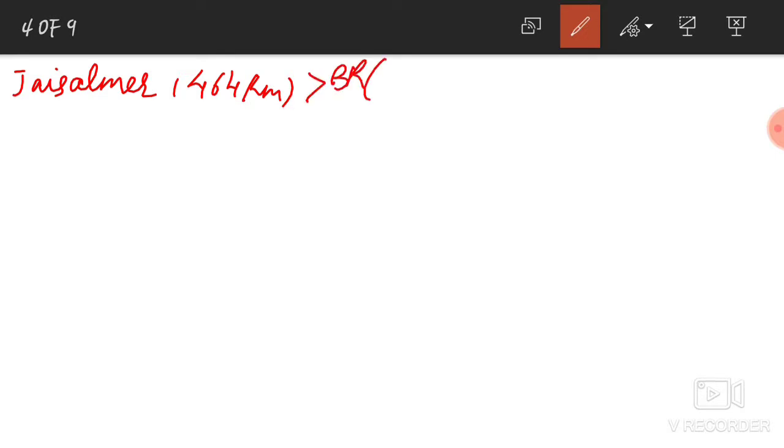So the districts in terms of the border with Pakistan: Jaisalmer is 464 kilometers. Then Barmer, it's 220.